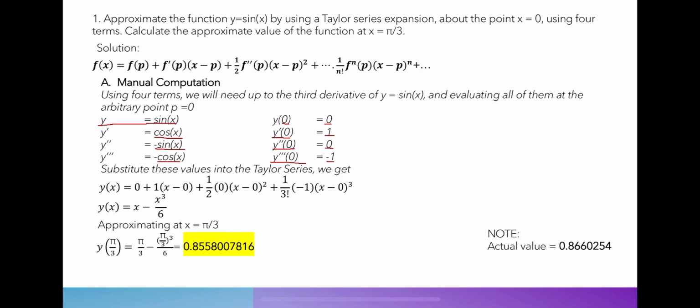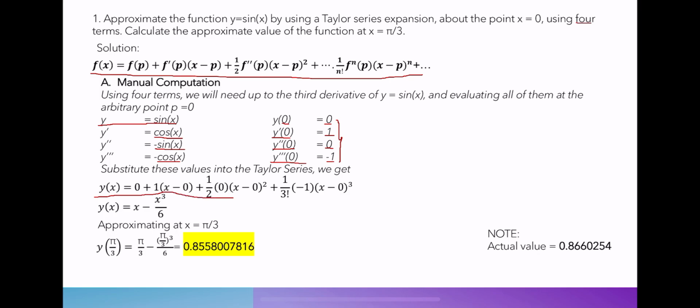Now we were able to satisfy the requirement that we use 4 terms only. So substitute these values into the Taylor series, our general equation for Taylor series expansion. Now we arrive with this expression.